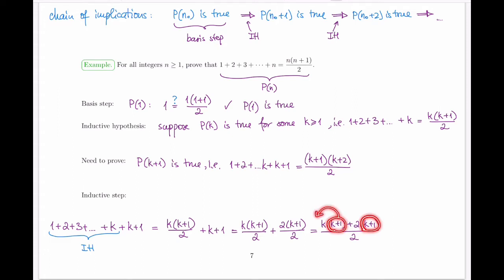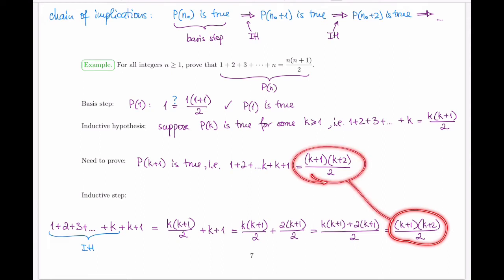So I can, in fact, factor it out from both of these terms. So I will factor out k plus 1, and what I'm going to have left is k plus 2. So I factor out k plus 1, and I have k plus 2 left in the brackets. And this is very exciting news, because this is exactly the expression that I was hoping to prove it is actually equal to, and therefore I am done.